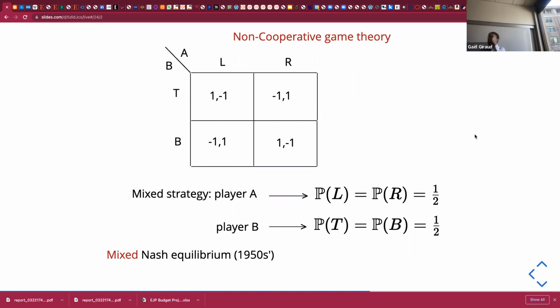But if I think this way about him, I will play top. So there is no fixed point in the process. Nobody knows who is going to play what. If you just play in a deterministic way, there is no strategy which ensures you something that may help you win the game.